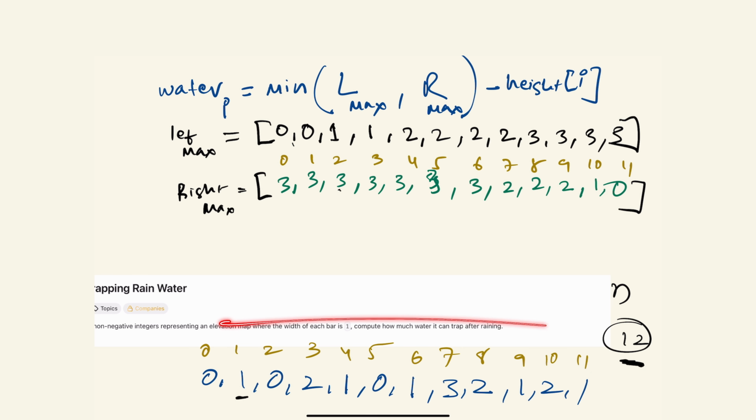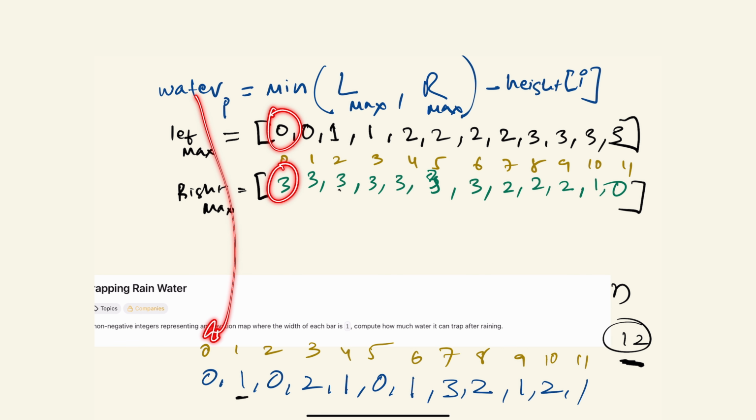Now with just 2 iterations of n complexity, we got predefined left max and right max. Can we utilize this for finding the water? Now we can add the formula. At index 0, I know the left max is 0, right max is 3, minimum is 0.